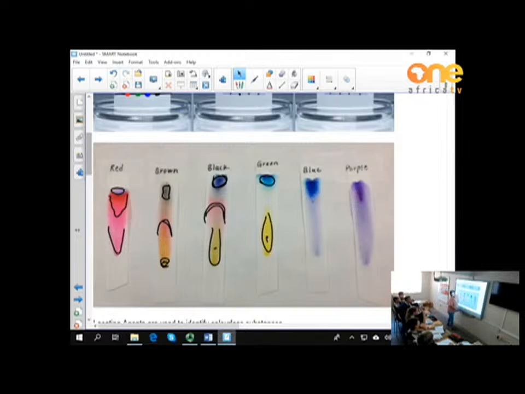The blue ink, well, I think there are two or more dyes of blue, and maybe a little bit of purple in it, and the purple ink is just one color. All right, so that's made up from one type of dye. Black ink is probably three different colors of dye added.